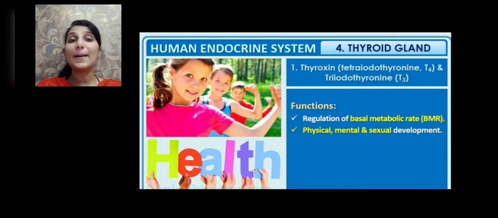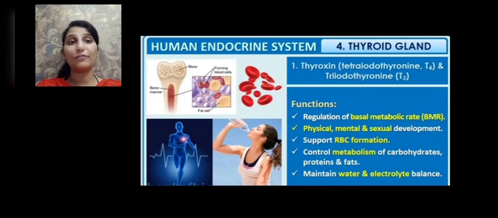What is this metabolism? It is the sum total of all the chemical reactions taking place in our body, and these chemical reactions maintain the living state of a cell or an organism. So the basal metabolic rate of our body is maintained by the T4 and T3 hormones of the thyroid gland. It also maintains the physical, mental, and sexual development of our body.